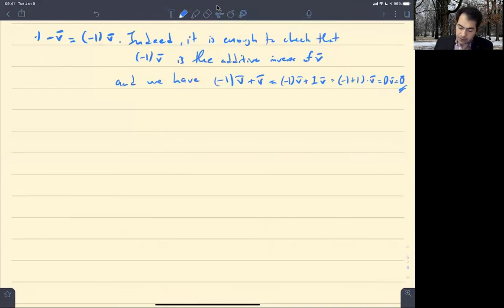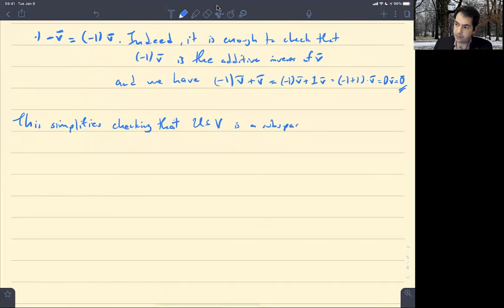Okay, so to finish up, let's just notice that this simplifies checking that a subset is a subspace. Right?